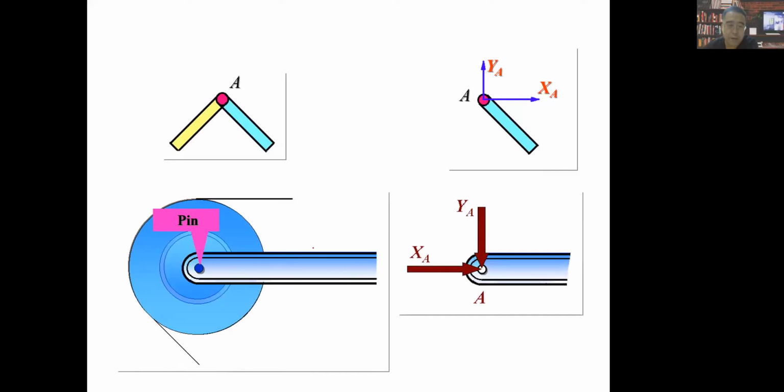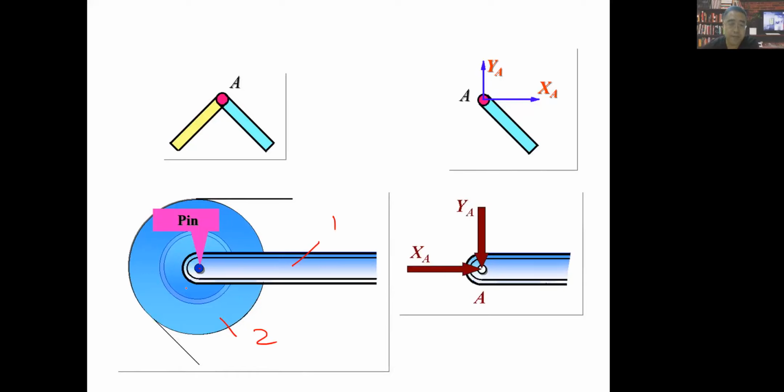So we have a rod here named 1. We have a wheel here named 2. So they will have a common hole with the same size. Then we can push a pin into this common hole of body 1 and body 2. Then body 2 will have a relative rotation around this axis to body 1.